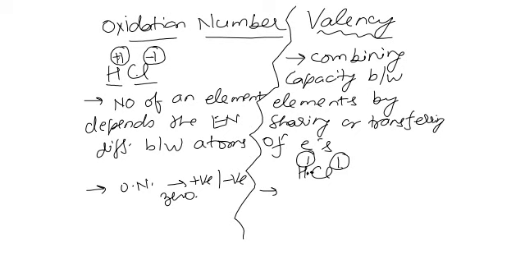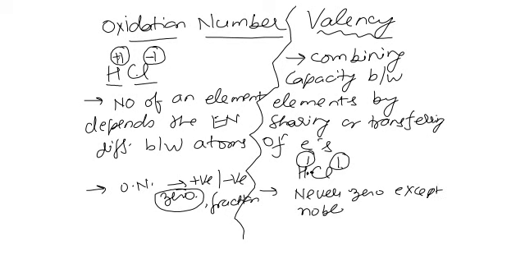So we can say oxidation number may be 0, positive, negative, or even a fraction. But valency is never 0 except for noble gases, and never a fraction, positive or negative.